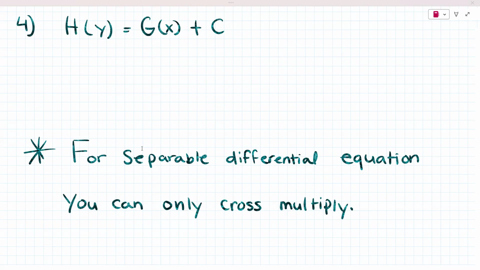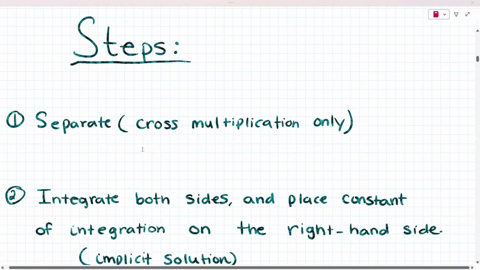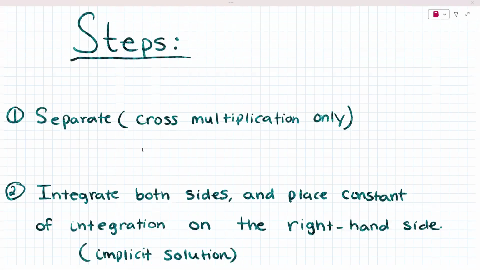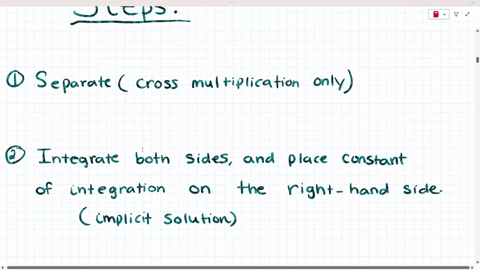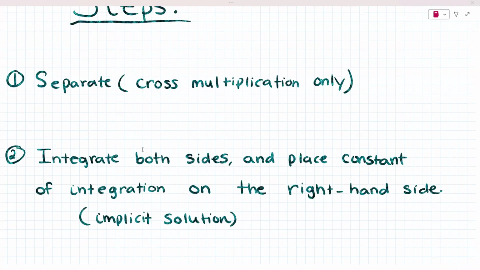So let's review the steps for a separable differential equation. Step 1, separate or cross multiply only. Step 2, once you have both the y's and the x's on one side, integrate both sides and place the constant of integration on the right-hand side, the implicit solution.